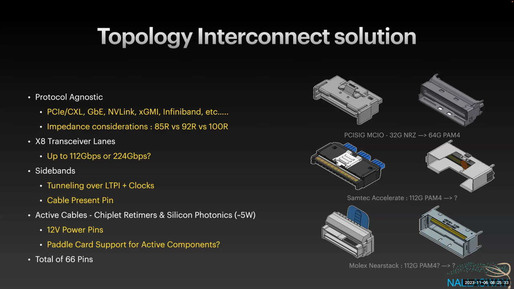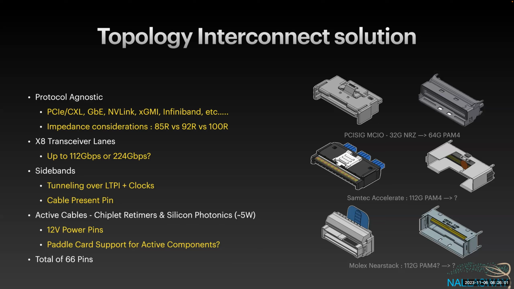The Samtec Accelerate interconnect is good for doing bypass at 112 gig PAM4 for Ethernet type connections, and I'm not sure if there's a roadmap to 224 with this one or not. And Molex have a near-stack interconnect solution that I believe is also 112 gig PAM4, and I'm not sure whether that's going up to 224.